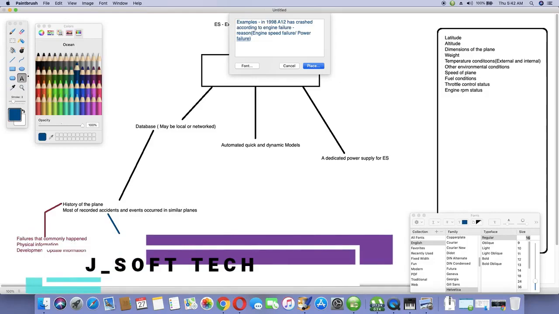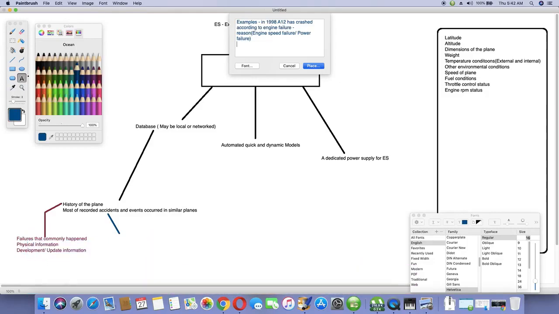Now the reasons, and the fixings that scientists used for those failures.